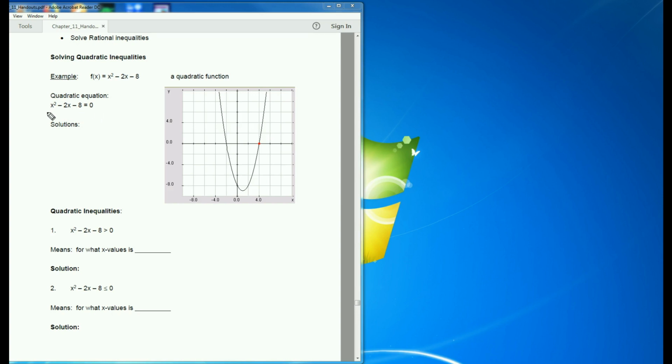As we already know, the solutions to this quadratic equation give the x-intercepts, because that is where y is equal to 0 on the x-axis. So we can see that this is one of them here, and this is one of them right here. So the solutions to this are x equals -2, and this is 4.